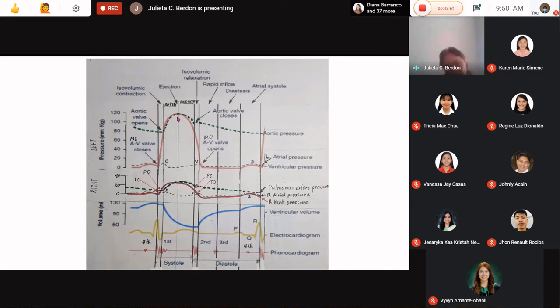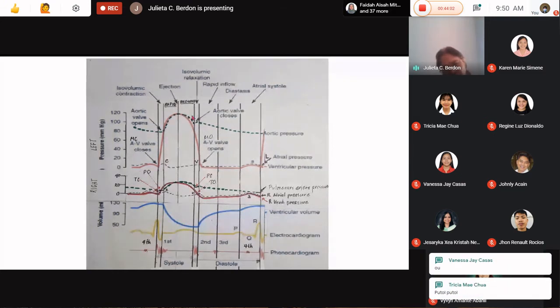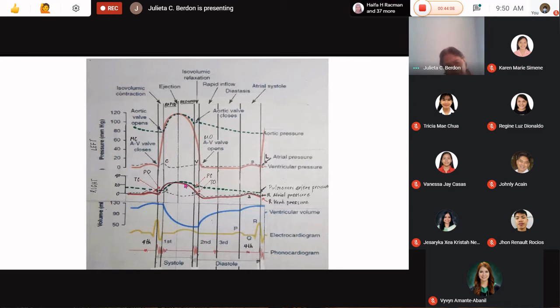So it does not follow what I said, that blood flows from greater to lesser pressure, because here ventricular pressure is lower than aortic pressure, and yet there was still ejection of blood. As you can see, the ventricular volume is still decreasing. There was additional ejection of blood out of the ventricle.